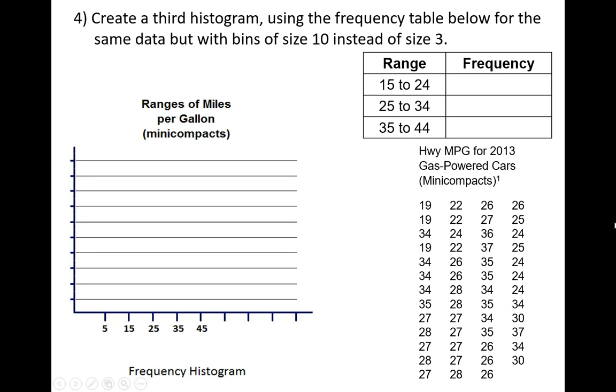It says create a third histogram using the frequency table below for the same data, but with bins of size 10 instead of size 3. Well, when we did our bins before, I have that data so we don't have to recount all of that. There were 11 in this range, 32 in this range, and 8 in this range.